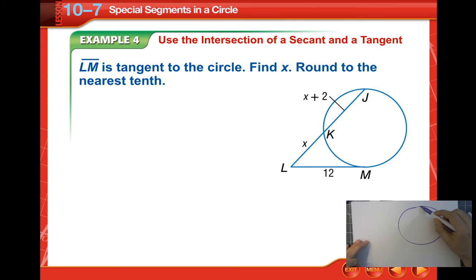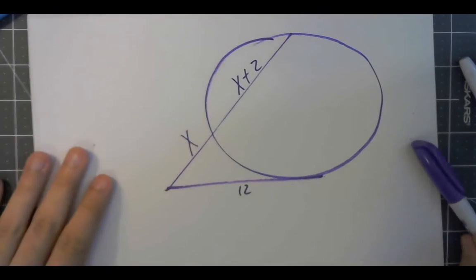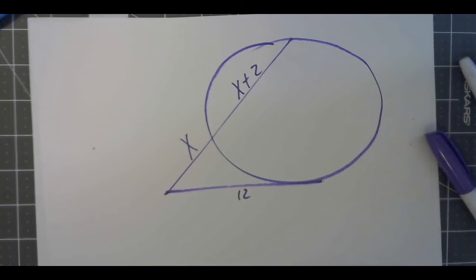So we have a secant on this side, and this side we have a tangent. We know this is x, we know this is x plus 2, and this is 12. So, let's imagine this is all we had to work with. We did not have the slide before, so we knew nothing about this. One thing we can still use is this.